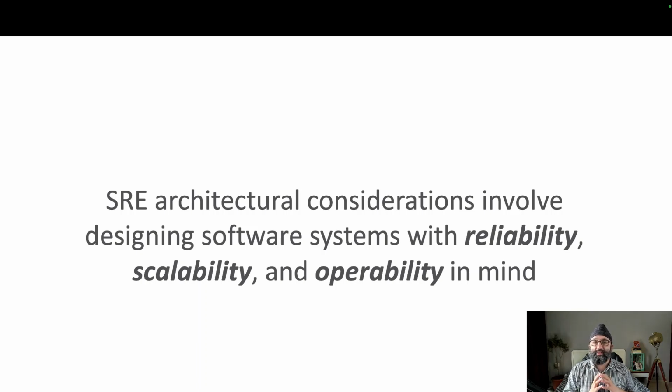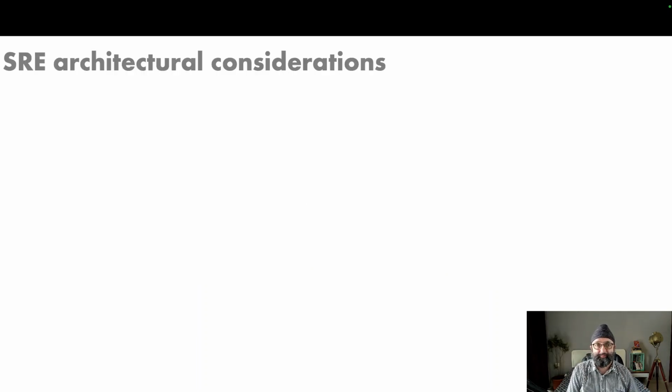Operability means my system will always be in an operatable state. My system might be reliable, meaning it is up, but some parts of the functionality might not be working and they might impact operability. So all of this put together are the architectural considerations for an SRE.